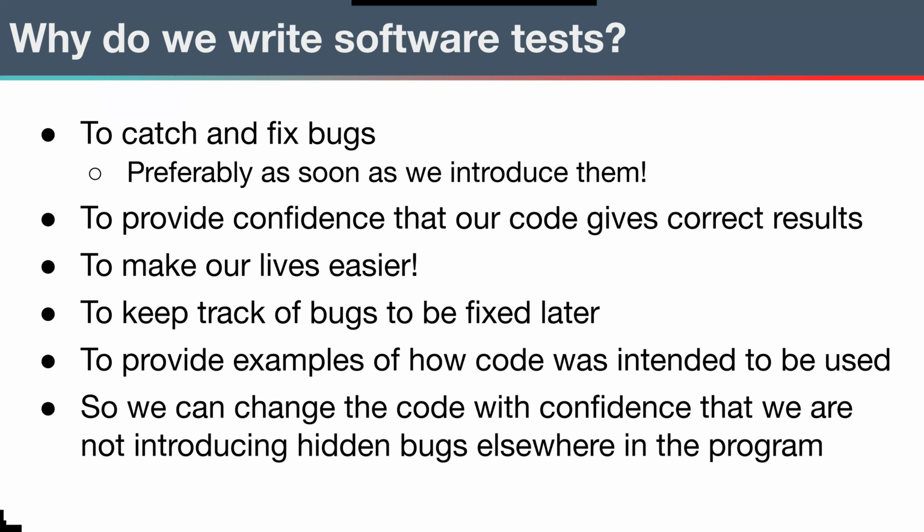You might have a thought in your mind that writing tests makes code rigid, that it's harder to change code with tests. But in fact, when we have well-written tests, it makes the code that we write more flexible.